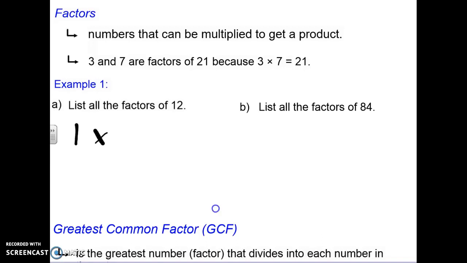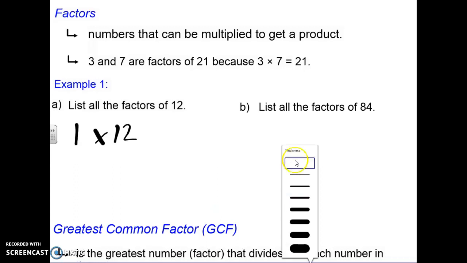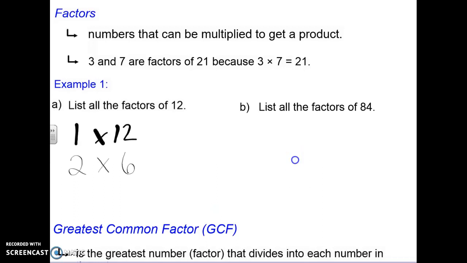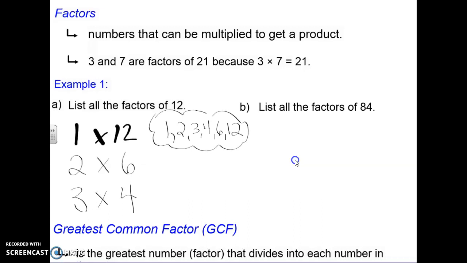So I could have 1 multiplied by 12. I could have 2 multiplied by 6. I could have 3 multiplied by 4. And those are all of the ways that I could multiply to get 12. So if you want to put them in an organized list, 1, 2, 3, 4, 6, and 12 are all of my factors for 12.